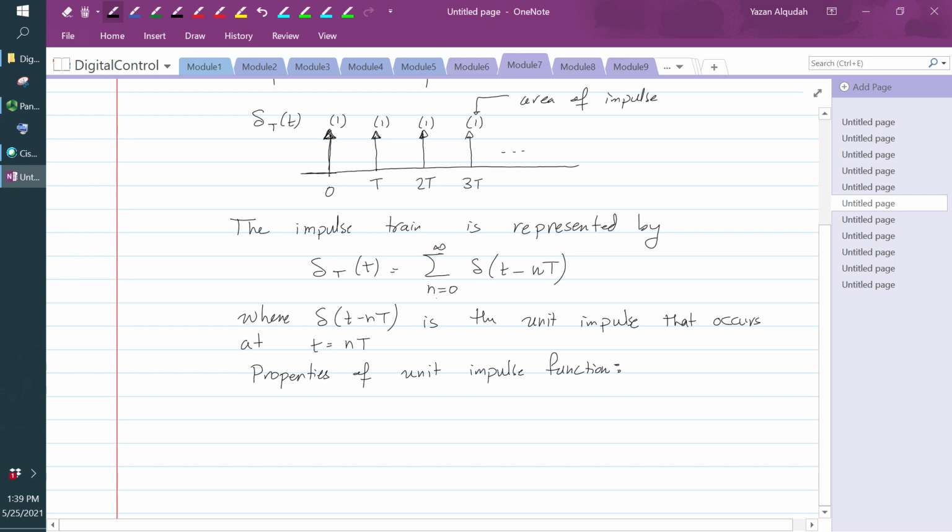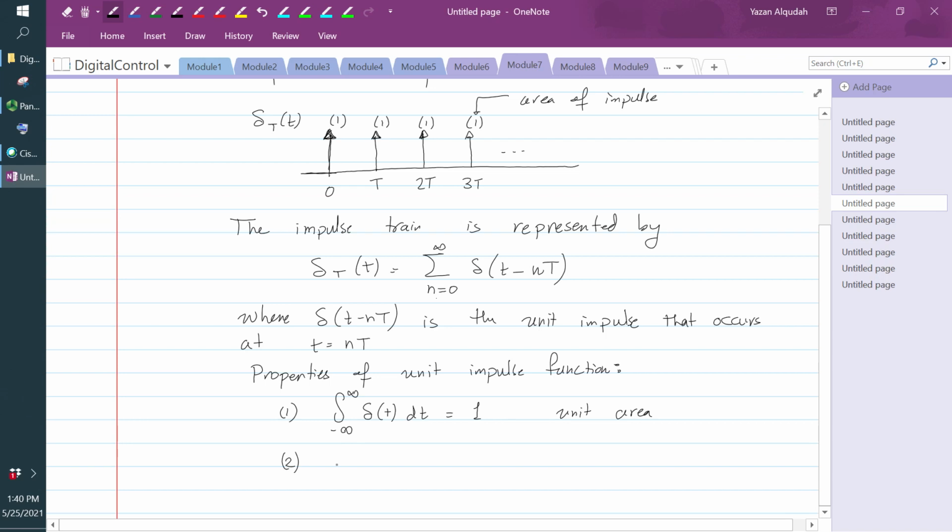It has many properties, but the two properties that we're interested in is what we mentioned before, that the area, if I were to integrate delta of t dt, is equal to 1. It has a unit area. And again, we said the area is 1 over gamma multiplied by gamma. True, gamma is going to infinity, but 1 over gamma multiplied by gamma, they're going to cancel out and give me an area that is equal to 1.